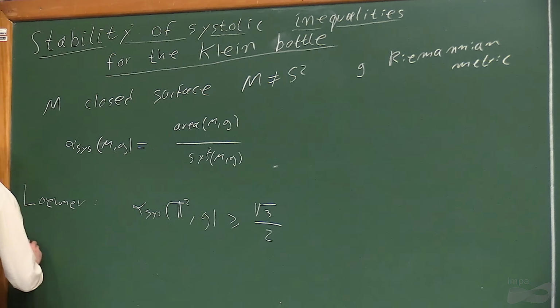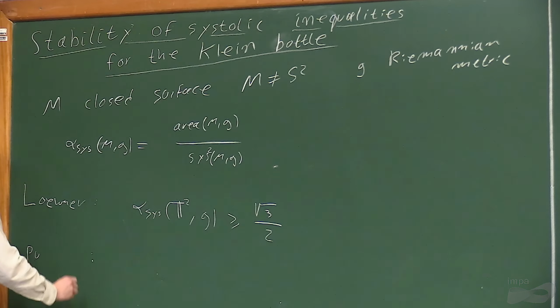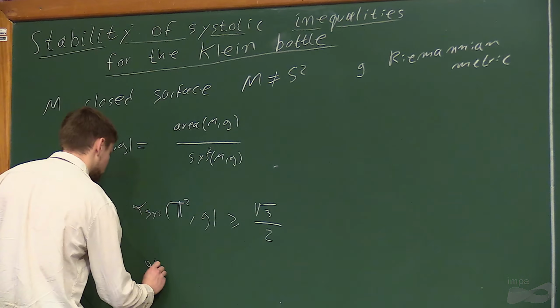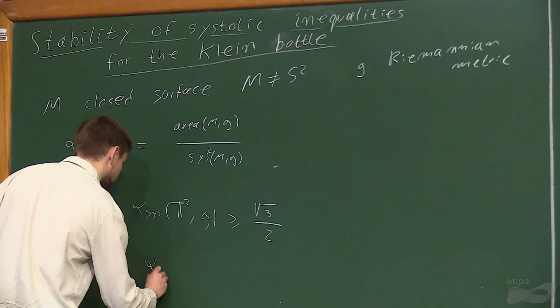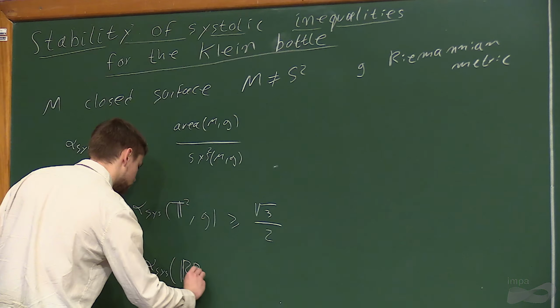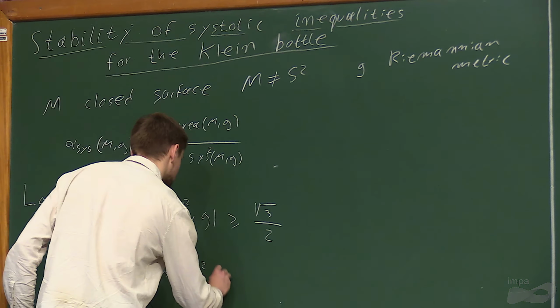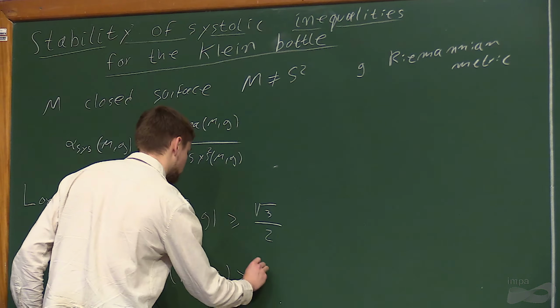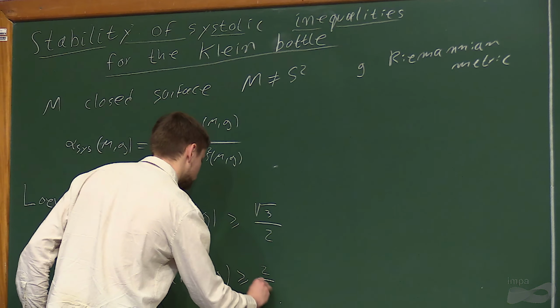And also a bit later, Pu discovered a similar result on the projective plane. So he showed that the systolic area on RP2 is bounded from below by 2 over pi.